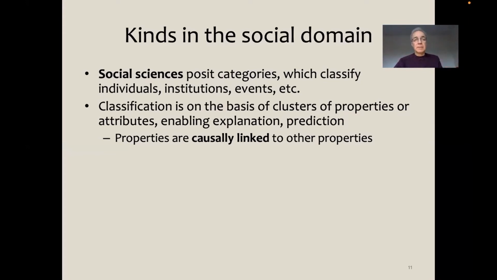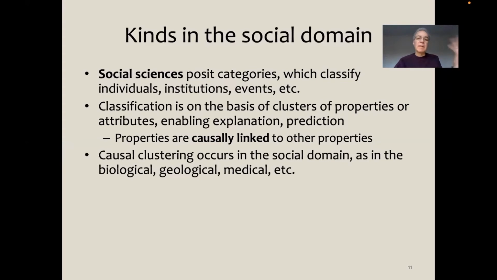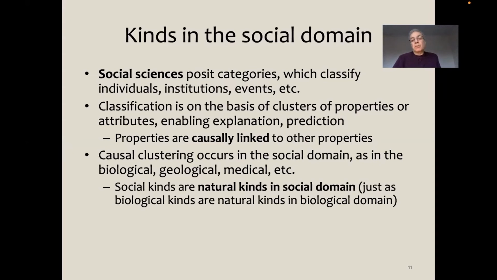And it seems as though we have a similar kind of practice in the social sciences of trying to understand the causal structure of the social domain as opposed to the natural domains. So there's causal clustering that occurs in the social domain, just as it does in the biological, geological, medical, and so on. So social kinds are none other than natural kinds in the social domain, just as biological kinds are natural kinds in the biological domain.